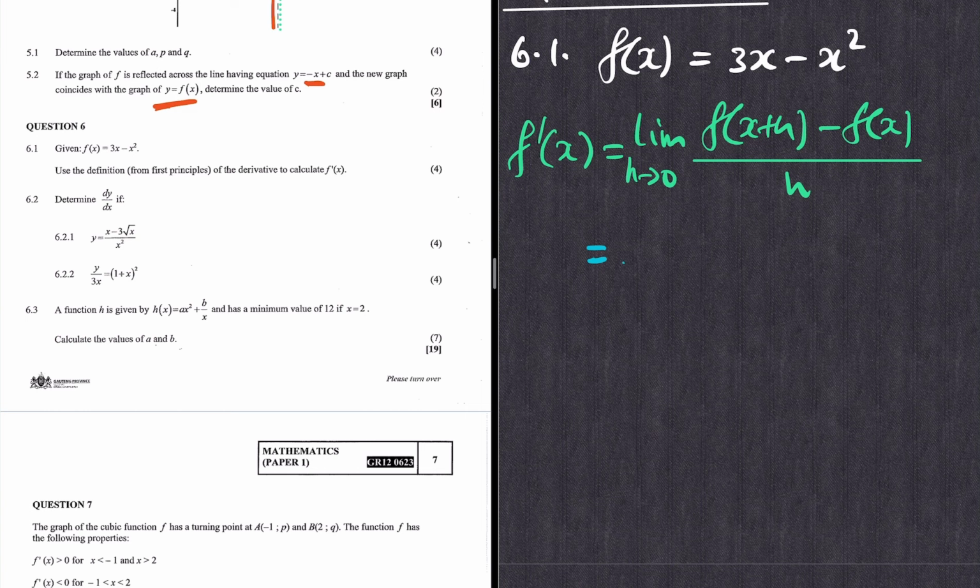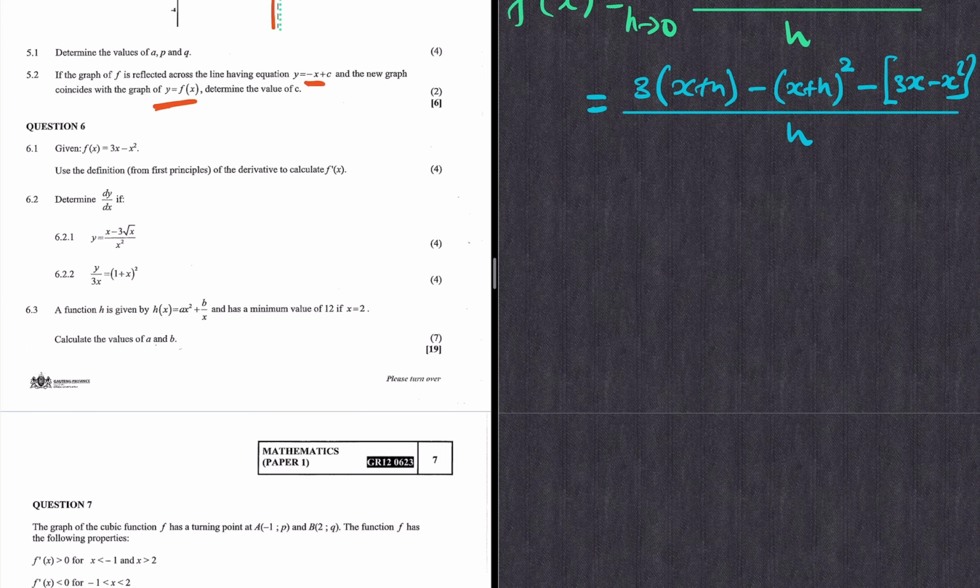Okay, so let's do it very quickly. That is 3 into x plus h minus x plus h, and then you have to square that and take away the function itself. That is 3x minus x squared. Close that and divide this by h.